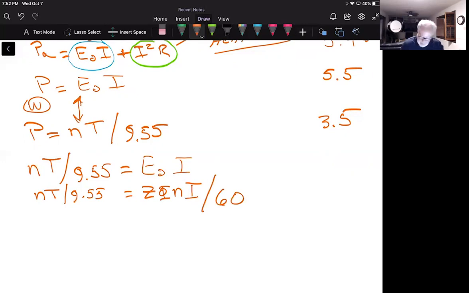Then, if I were to go through and do a little algebra and just solve this for T, I could come up with torque is equal to the Z number times the flux per pole times the current divided by 6.28.